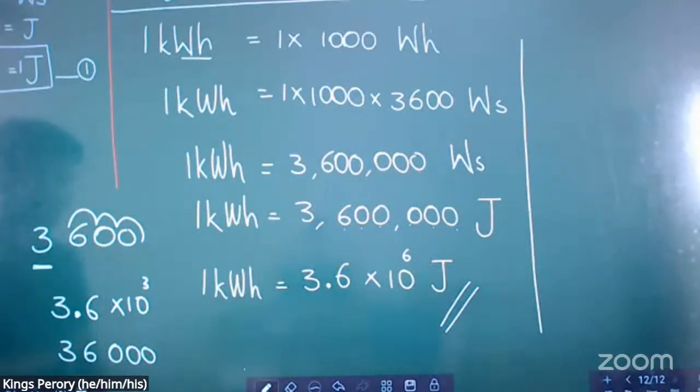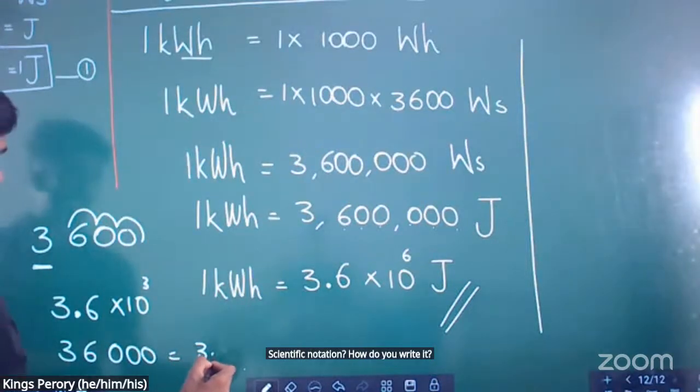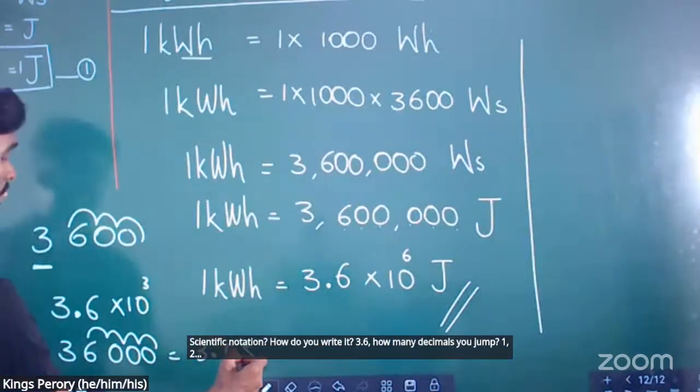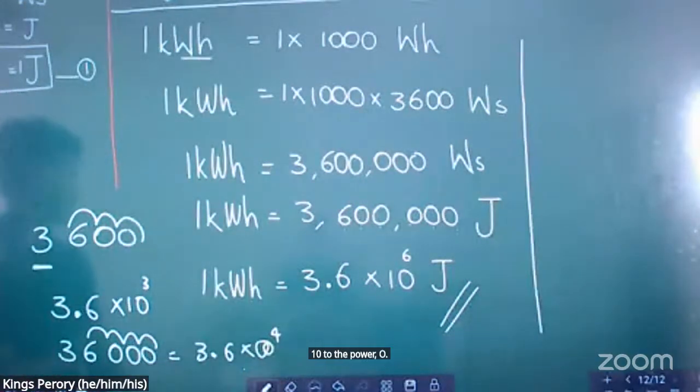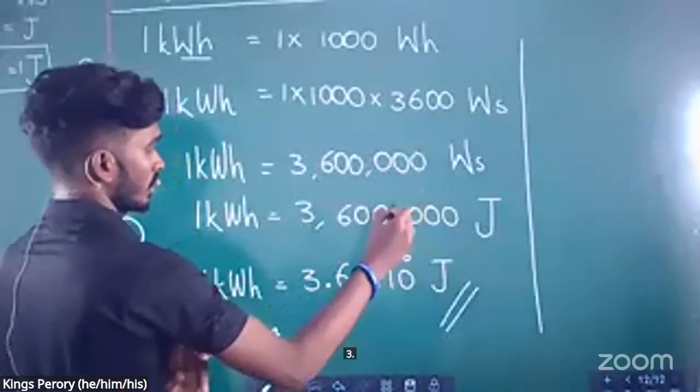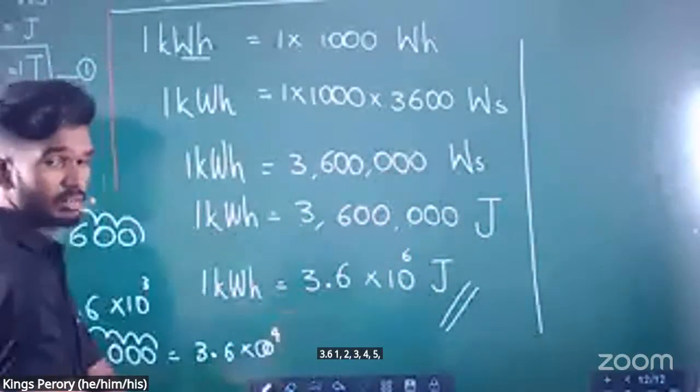Another example, 3.6, how many decimals do you jump? 1, 2, 10 to the power 4. Now write this in scientific notation: 3.6, 1, 2, 3, 4, 5, 6, 6 decimals you jump, 10 to the power 6.